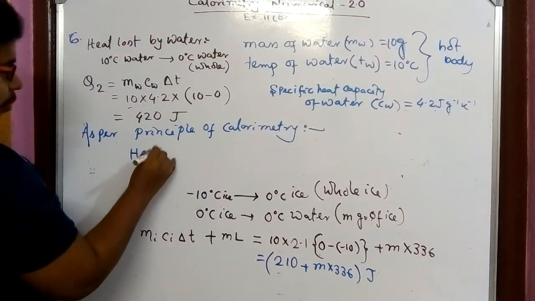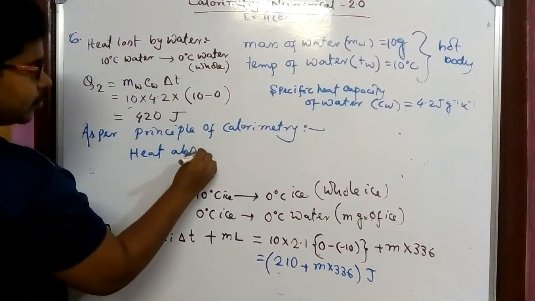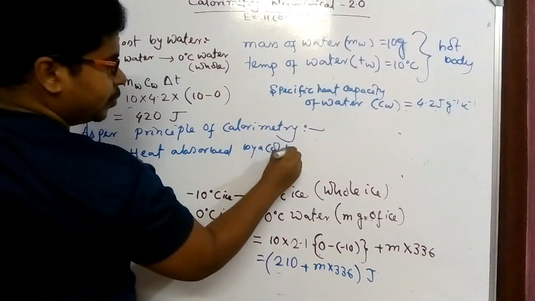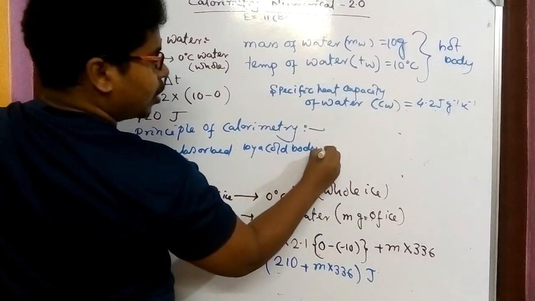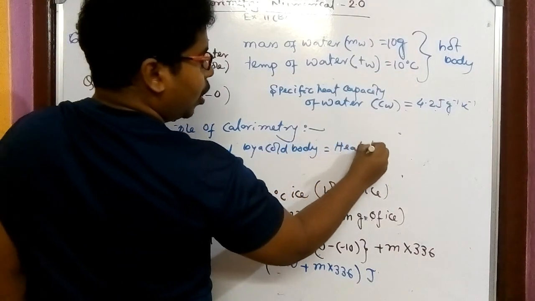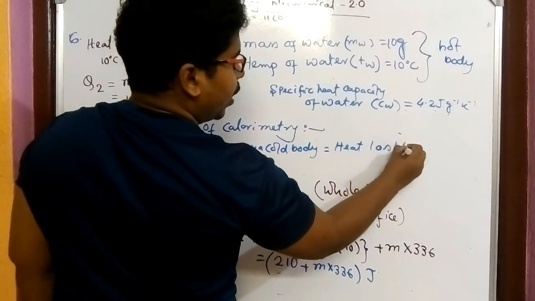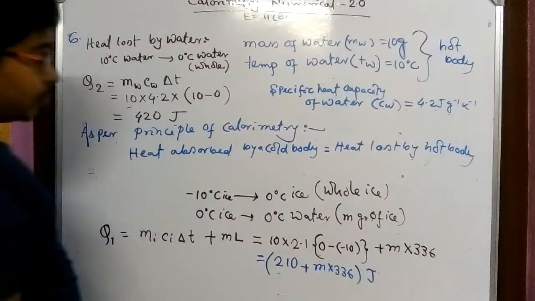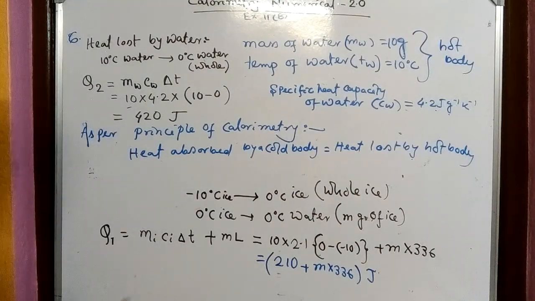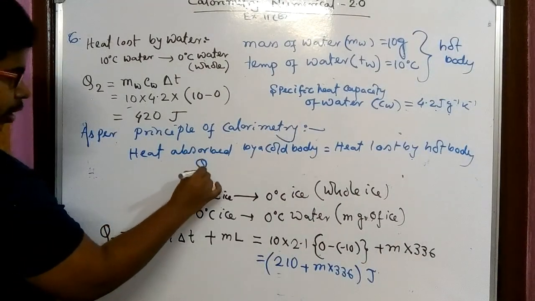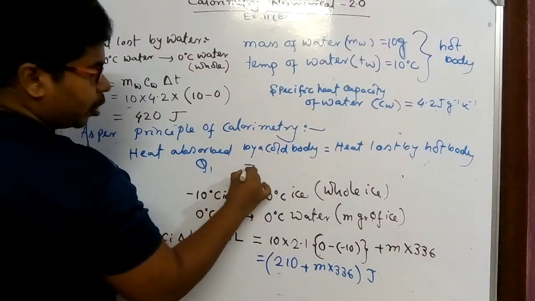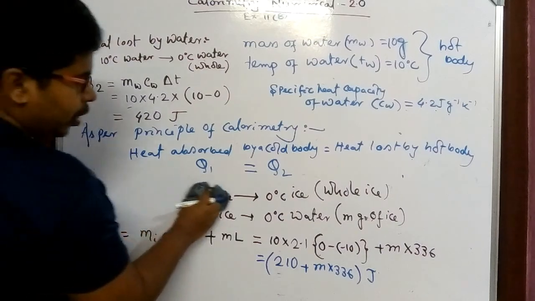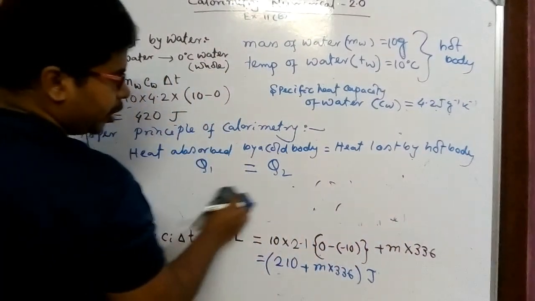So heat absorbed by a cold body is equal to heat lost by a hot body. Now, how much heat is absorbed by the cold body? That is Q1. How much heat is lost by the hot body? That is Q2. And these two should be equal.